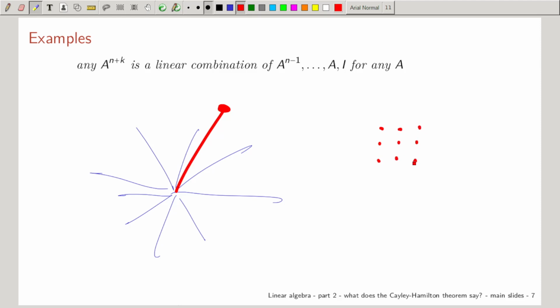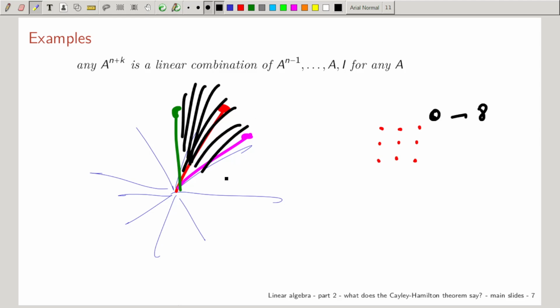Are we together? And then if I do this to the power of 0, I will get something else. And this to the power of 1, I will get something else. Are we together? And then the powers from 0 to 8, they are going to form what? A subspace. True? And all the powers are going to be inside this subspace.